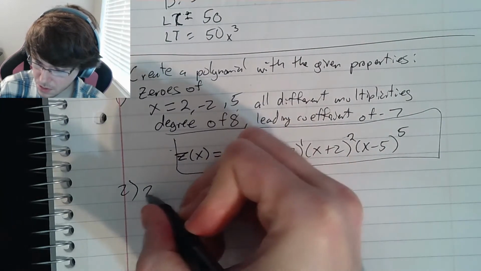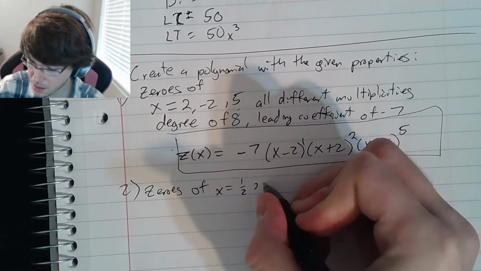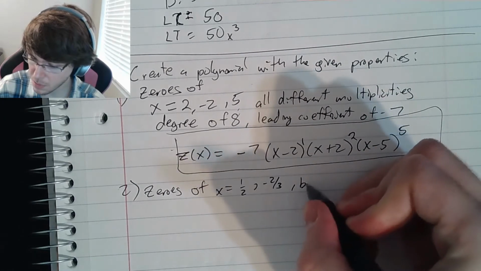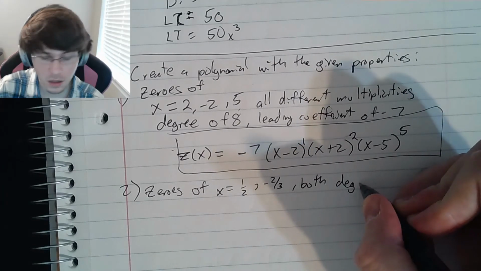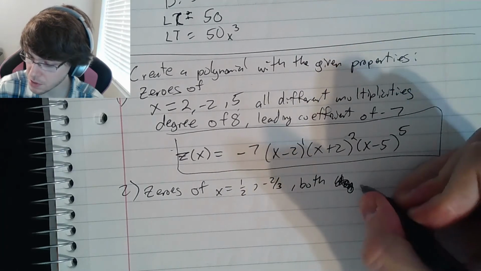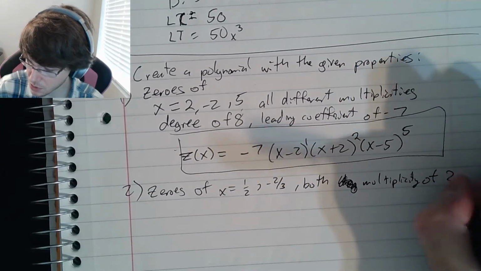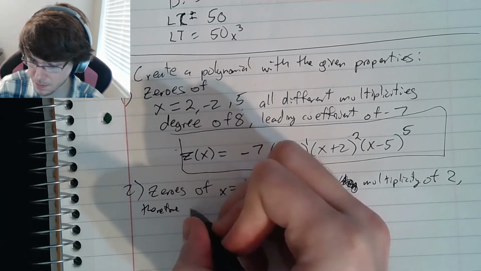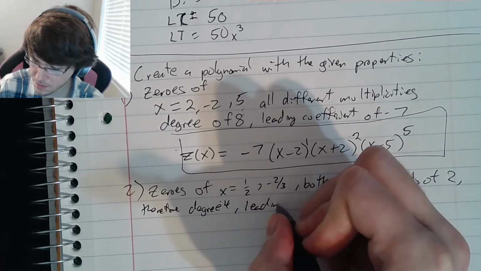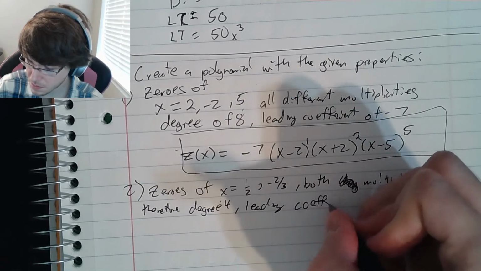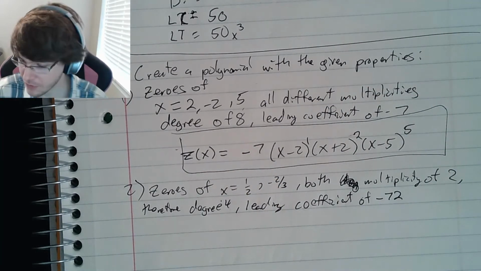I want zeros of x equals 1/2, -2/3, both multiplicity of 2, and therefore degree 4, and a leading coefficient of -72. Whew.